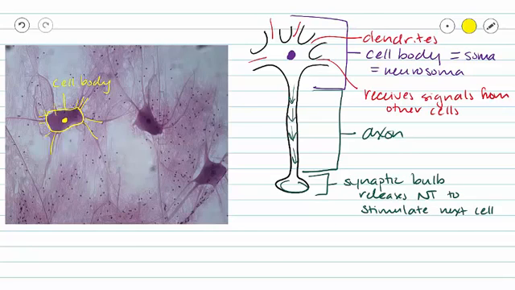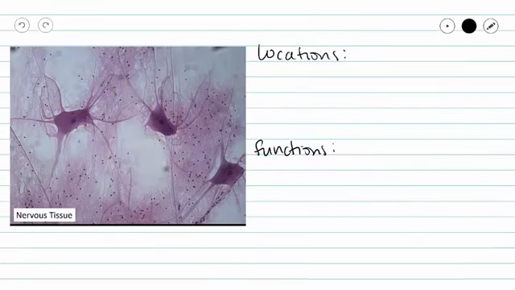Now, unfortunately, we cannot tell if those are axons or dendrites. That is going to have to remain a mystery to us. But what we can identify very specifically is our neurosoma or our cell body, and we are going to see those in every slide of nervous tissue.